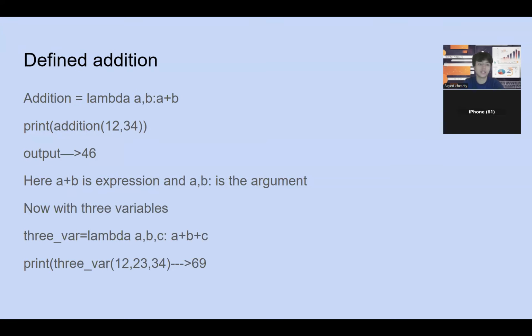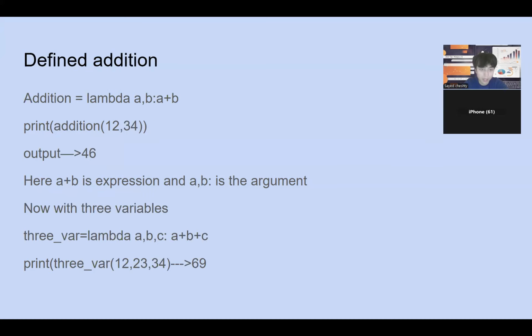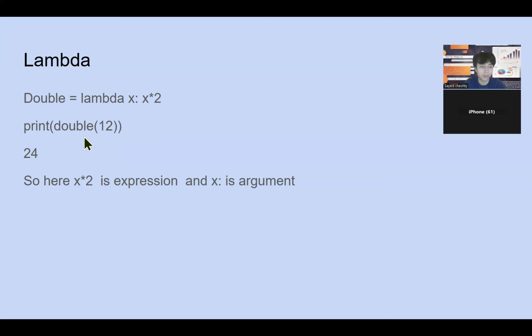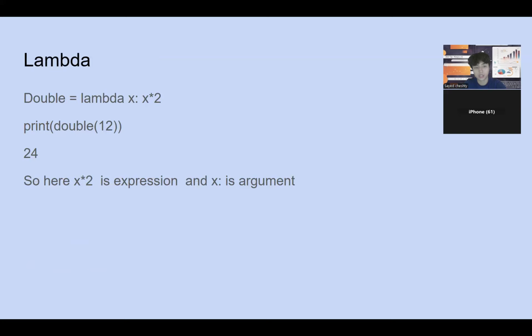Now let's define addition. Addition is very simple. We do lambda, same thing as how we did for double: lambda a, b: a plus b. Now we do print(addition(12, 34)), the same way we did print(double(12)). The output will be 46.